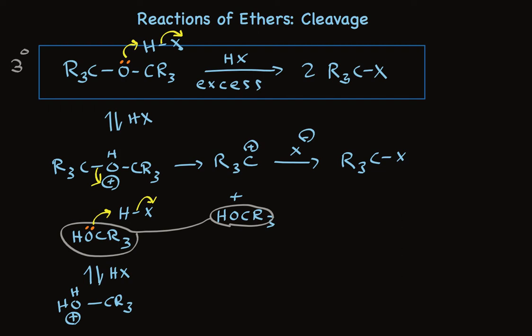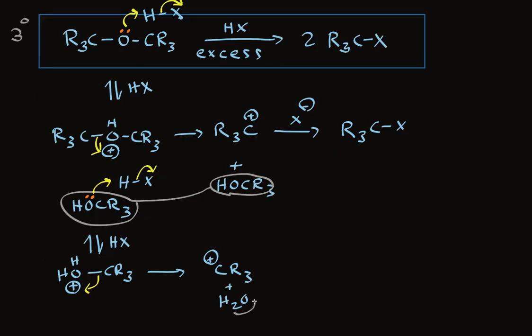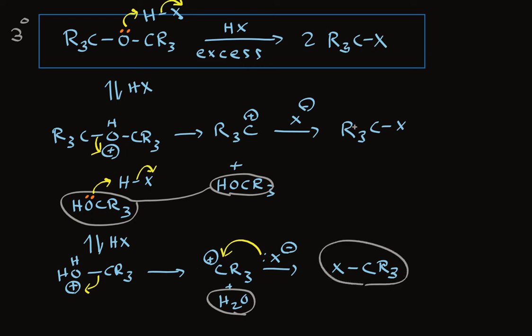And because we have a tertiary alkyl group, that water leaves in an SN1 reaction, just like above. We can track those electrons. In bond breaking, we lose a molecule of water, and make the carbocation, which, just like above, will react rapidly with the halide to form a new bond. And so again, we see that in fact we do make 2 moles of tertiary alkyl halide, as we wrote in our equation up here.